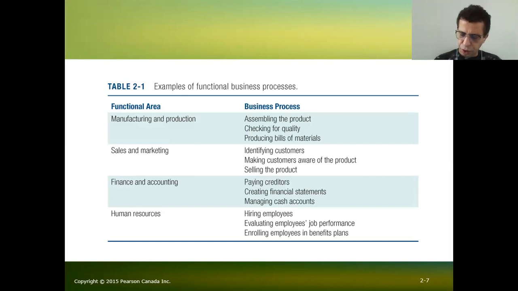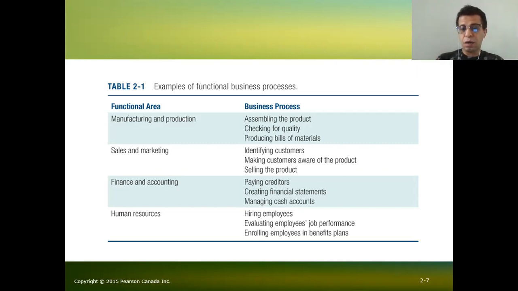That's one of the business processes. And if you took supply chain management, you will learn about how you do assembling. The other thing you probably need to look at is checking the quality of the work, and this is one of the things you are looking at.